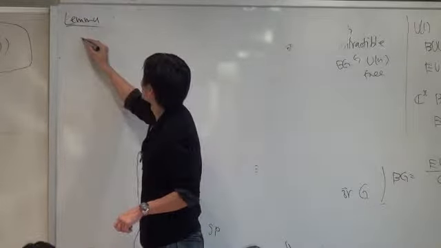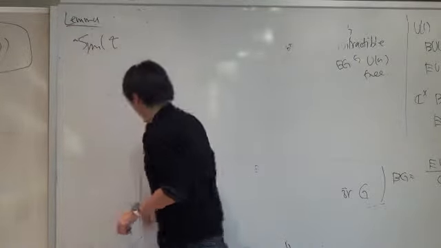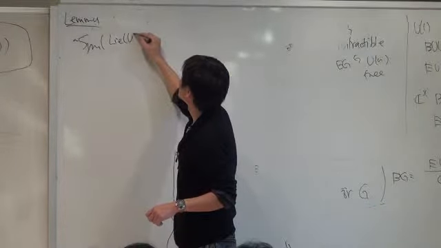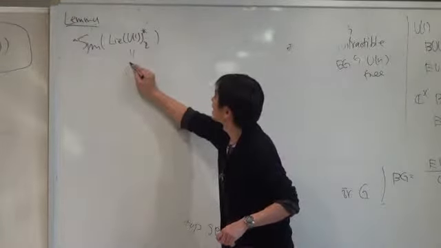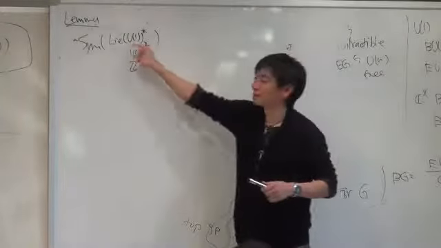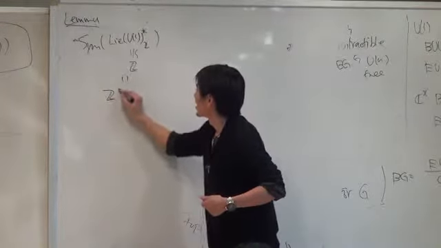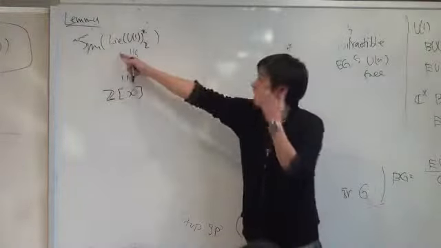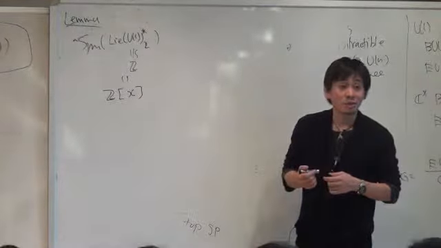Let's define a map from the symmetric algebra of the dual of the Lie algebra of U1, taking the lattice. This is isomorphic to Z, since the Lie algebra of U1 is R, and the lattice inside R is Z. So this is actually a polynomial ring: the symmetric algebra on this rank 1 lattice is a polynomial ring in one variable.